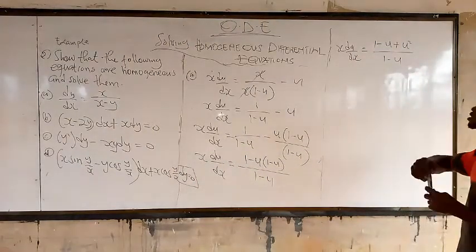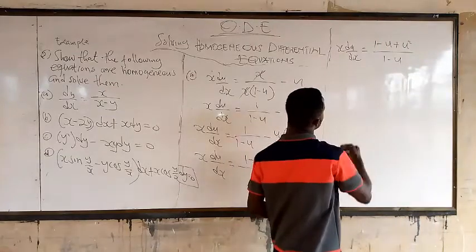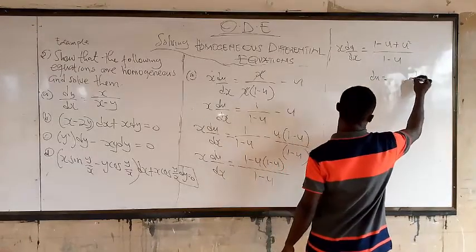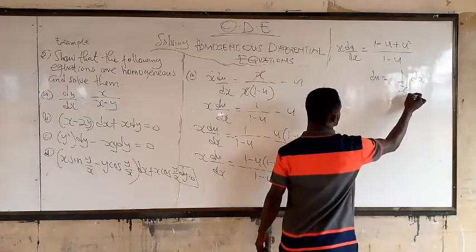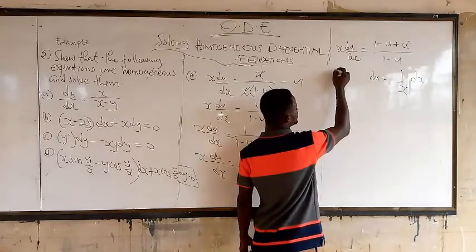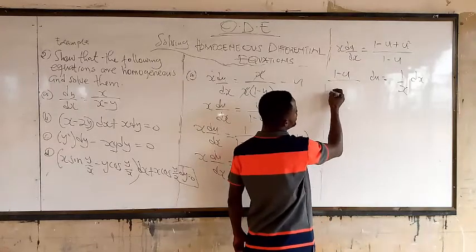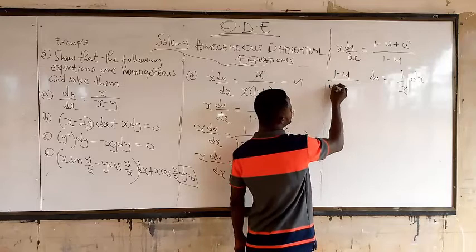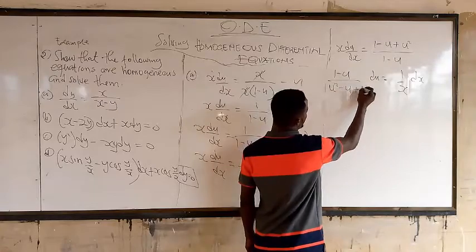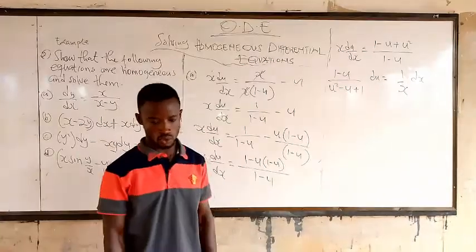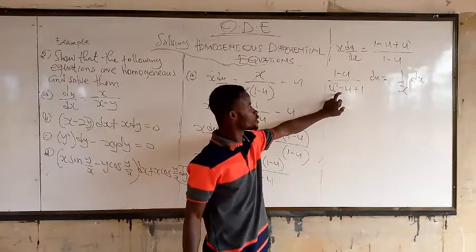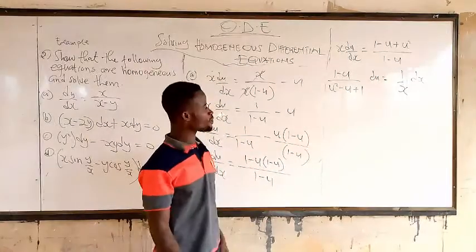Having this, we can have the du here and ds, and we get 1 over x here, and with this we are going to get 1 minus u on top, then we get u squared minus u plus 1. U squared minus u plus 1. Alright? And what is this going to give you when you factorize it?